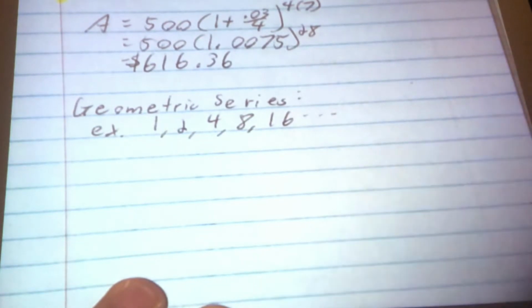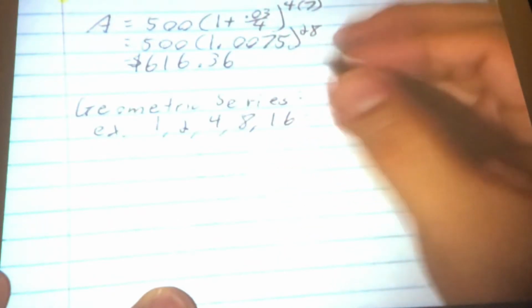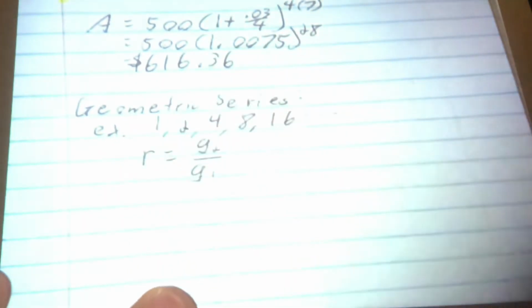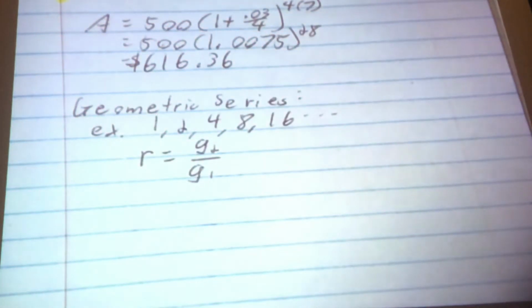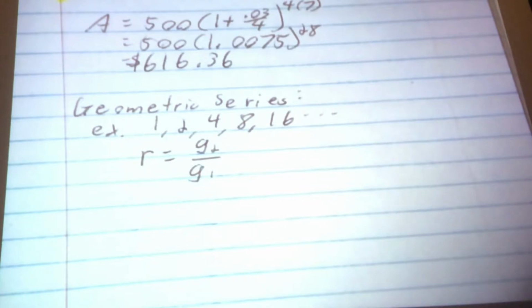In order to find my geometric rate, call this R, you basically take your second term divided by your first term, or you could take any term and divide it by the previous one, and that's how you'll find your R.